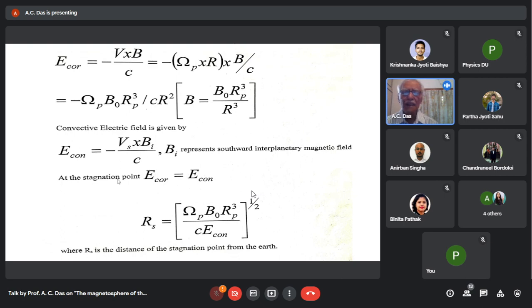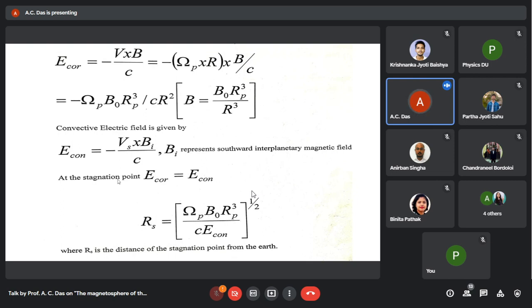On the right-hand side, you can see what V is. V is essentially the circular velocity because of the rotation of the Earth, and the rotation frequency is omega p, and its direction is towards the north, and that crosses with r. R is the distance from the center, and omega cross r gives the velocity, and if you cross with B, you will get the corotation electric field.